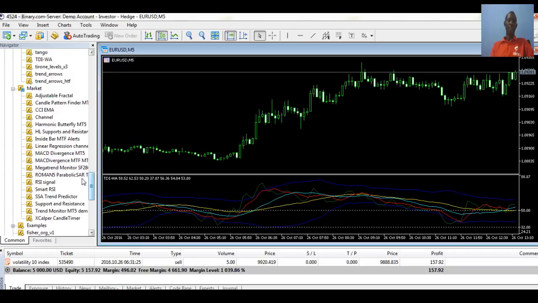I trade with MACD divergence, as you can see there. My system is hanging, so we're really sorry about that. Until it comes up, MACD divergence will come up as well.